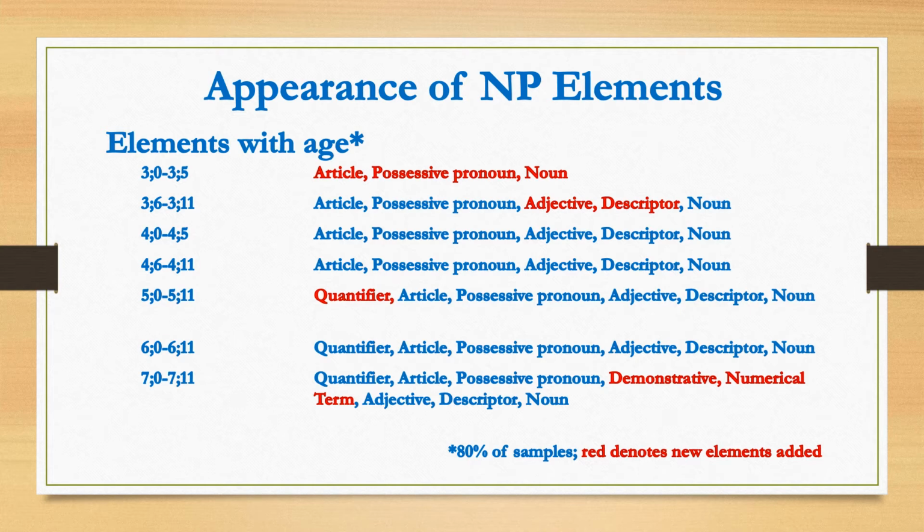At age 7, 80% of the children added demonstratives and numerical terms. As you can see, by age 7, children have a lot of varied word types from which to construct elaborated noun phrases in their speech. At each age, these are language features we can explore in our subanalysis. These features are reflected in the SUGAR subanalysis forms found on this website.